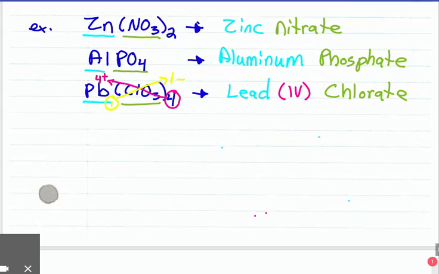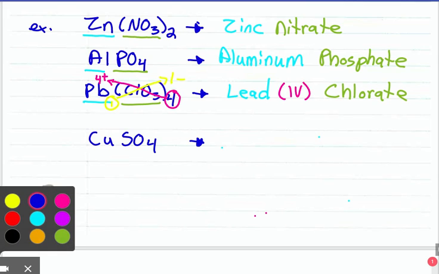Let's look at one more example. We're going to look at CuSO4. So our steps, we find our metal, it's copper. We're going to recognize that copper is multivalent, so you need to do a reverse crisscross.